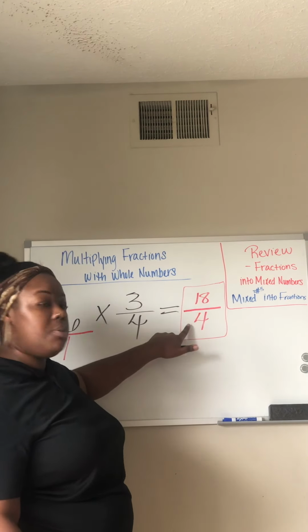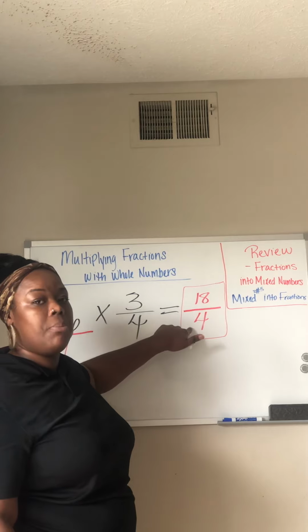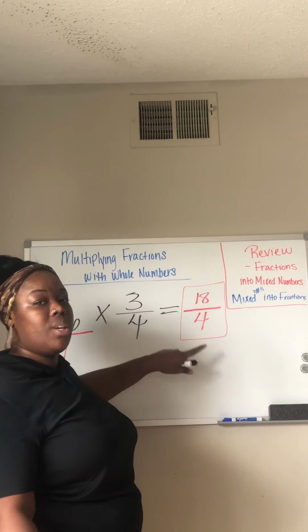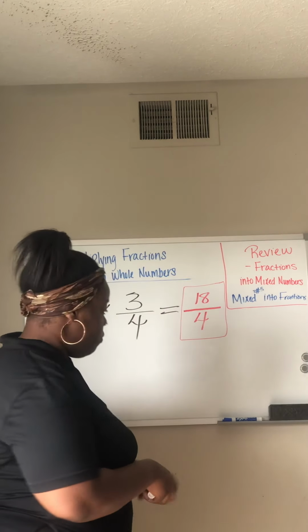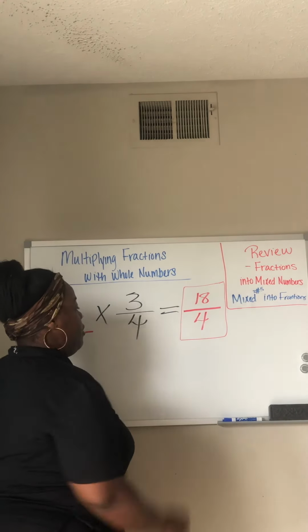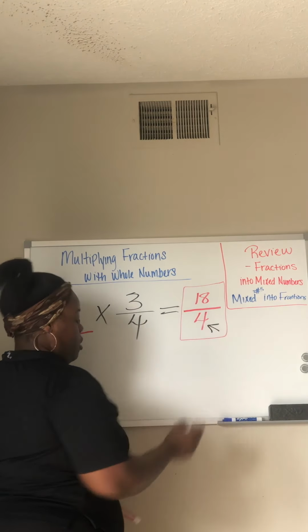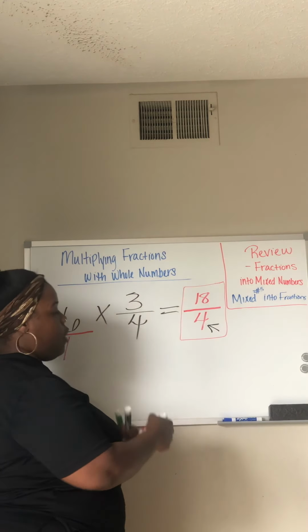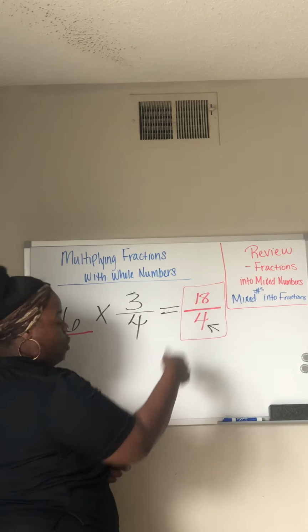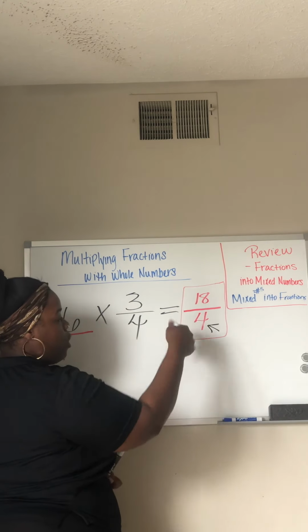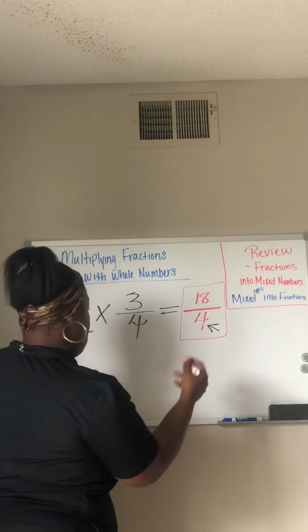The denominator, which is the bottom number of your fraction, is going to tell you how much you can pull out at once. Since the denominator is 4, we can only take 4 up top. So we're going to pull 4 over 4 from 18 over 4, and take 1.